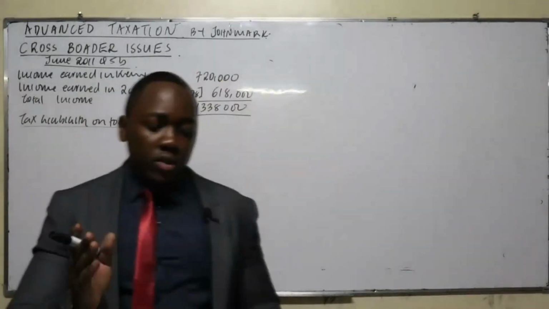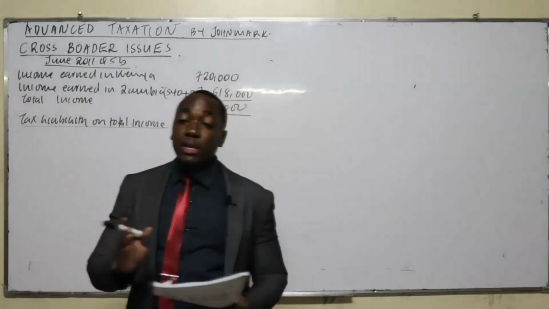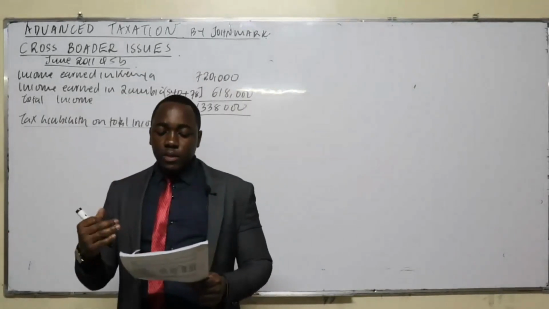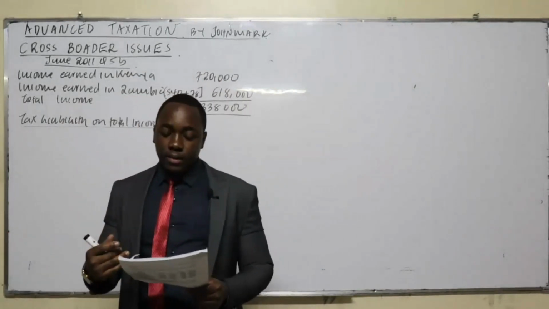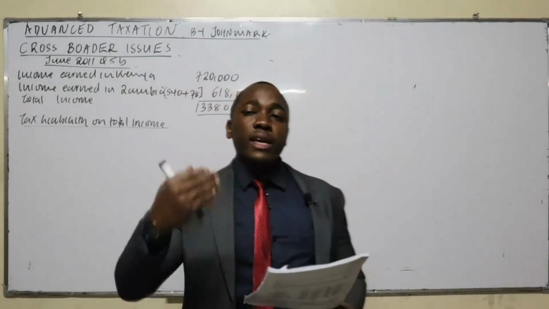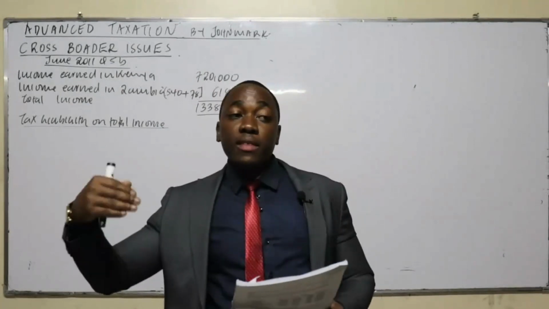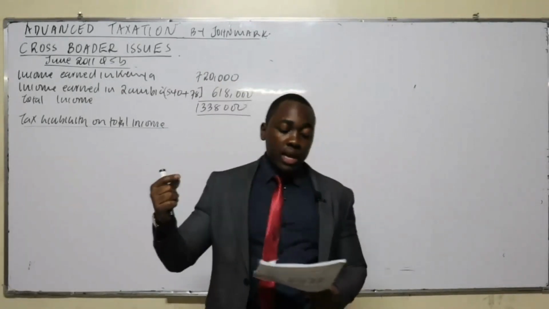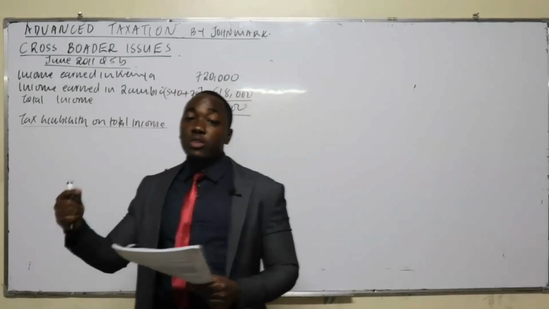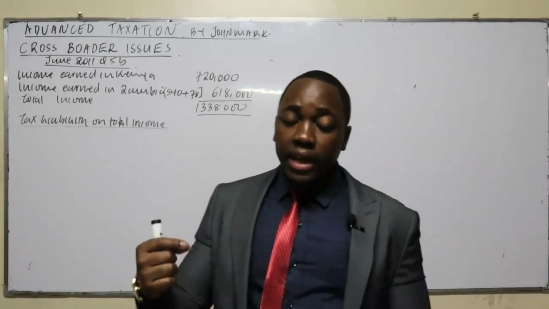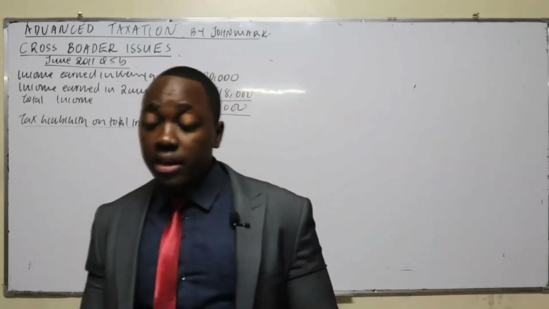Any income between 0 to 288, they pay at a rate of 10%. Then between 288 to 388, that's a difference of 100,000. That means for the next 100,000, you'll be subjected at the rate of 25%. Use the most recent, either August or December. Then anything in excess of 388 will be subjected at the rate of 30%.